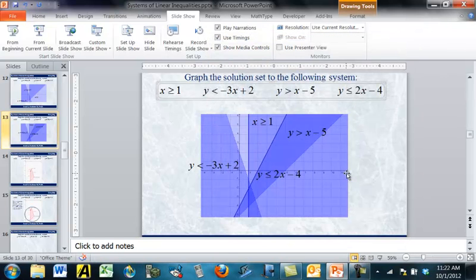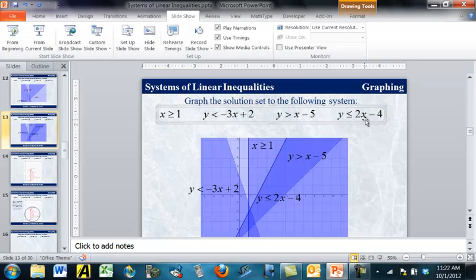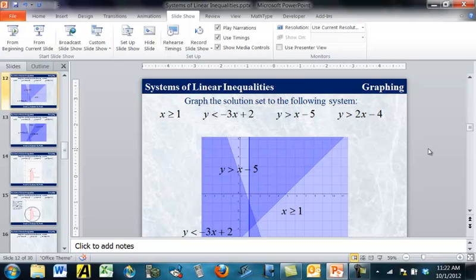Now if you'd graphed y greater than or equal to 2x minus 4, you would have been left with this little triangular region at the top. If I graph less than or equal to 2x minus 4, I get this region below that. So that's the one I want to graph. Let me fix that here.